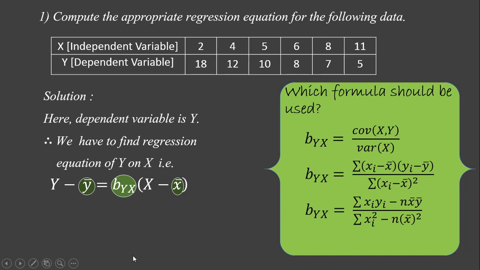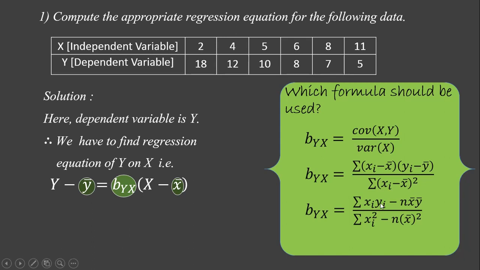But in this example, if we observe these values, the highest value is 18, and if we consider now the third formula, byx is equal to summation xi yi minus n into x bar y bar upon summation xi square minus n into x bar square.